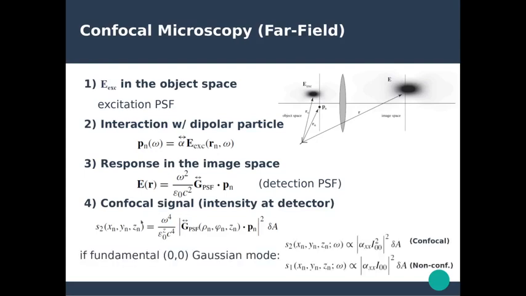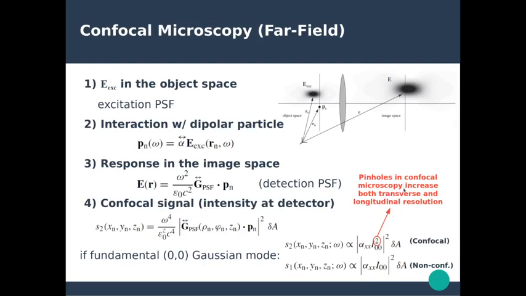So if you use a Gaussian beam in a fundamental mode to excite the particular molecule, you can actually show that in the confocal signal, you have actually a higher intensity. So this is an integral that describes the excitation point spread function, the polarizability. So you see that you have this additional square that shows up as opposed to a non-confocal signal. And this results from the existence of the pinholes in this confocal microscopy setup.